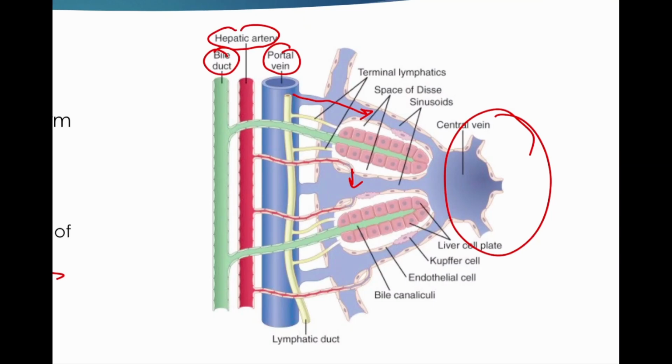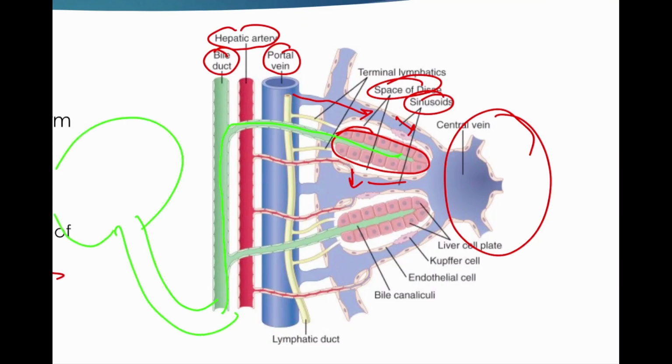We also have these sinusoids, and that's what these things are here. The space is just talking about these cells right there. What these cells do is they are the ones who create bile. So I'll change to green so that bile comes out, goes into the bile duct, where eventually it will turn up and go into the gallbladder.